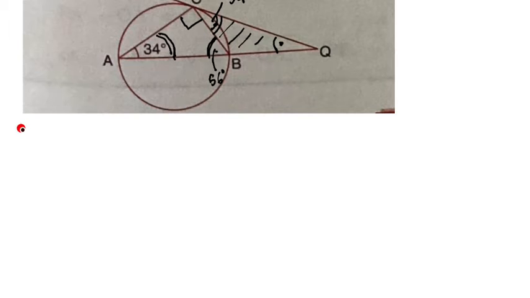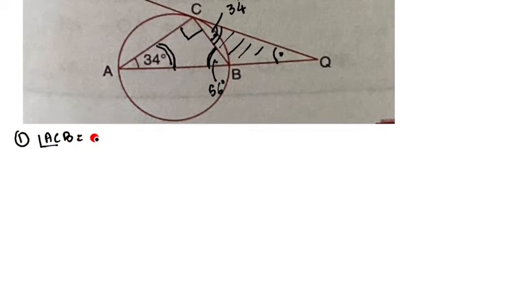So our statement number 1 is angle ACB is equal to 90 degrees, since angle in a semicircle equals 90 degrees.